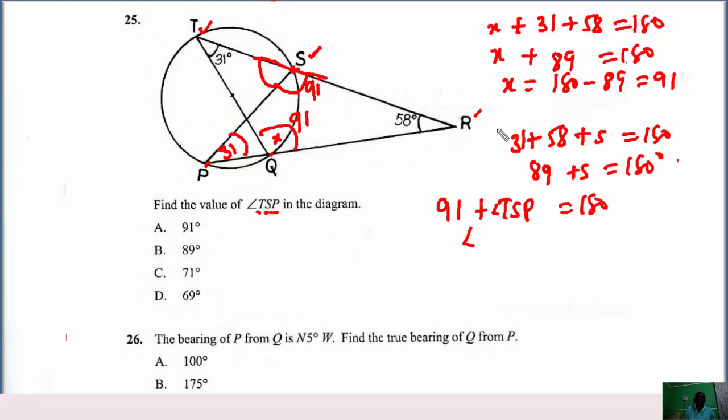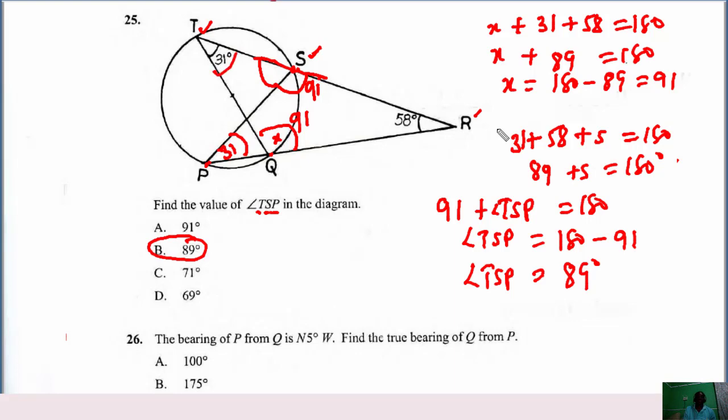So angle TSP is equal to 180 minus 91. Therefore, angle TSP is equal to 89 degrees. So you shade it 89 degrees. Good. So first, we know that this and that and that, so you can easily find this one because it's a triangle. Good. So now let's move on to question 26.